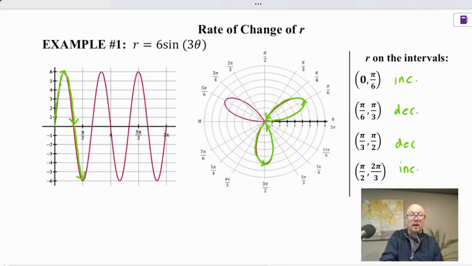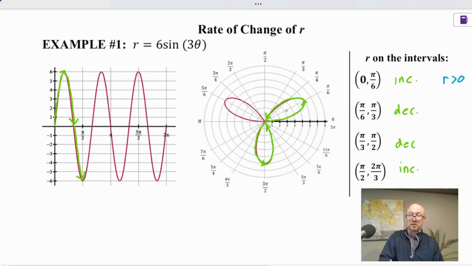Well, we want to know, is r positive or negative in this interval? We can see we're above the x-axis, so r is greater than 0. Okay, so that means if we have an increasing function and r is positive, we are moving away from the pole. So the distance is getting greater. So we're getting farther away from the pole.